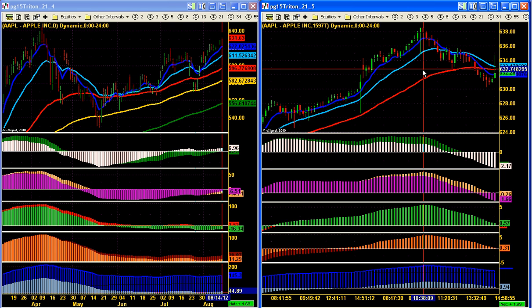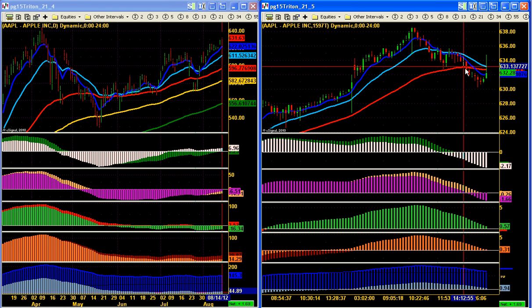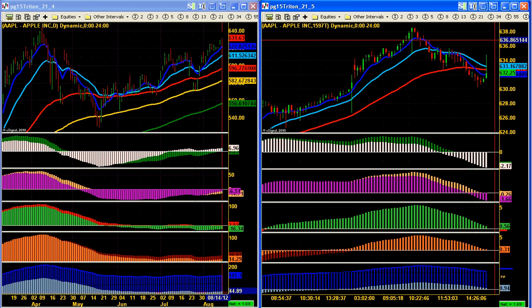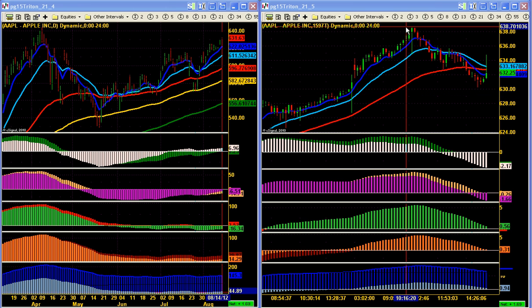This is a 1597 tick chart on Apple, which I like to use because it's very, very active. This really started to come apart right around 10:30 this morning, but it really wasn't a put opportunity until about noontime, and it just came down, and actually came down to slightly less than break even. It actually went from plus 8 or 9 to minus 50 cents, and then it came back a little bit at the close.